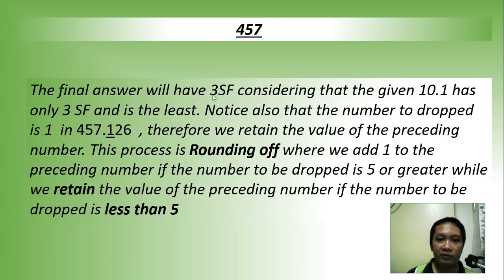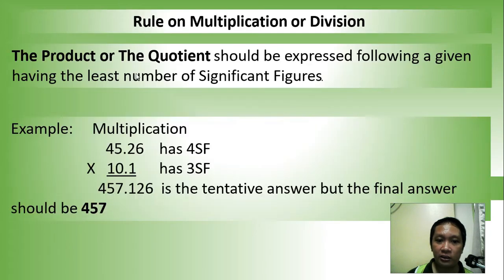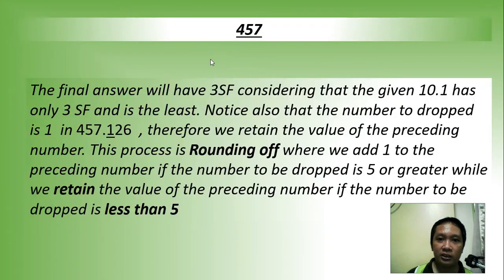The final answer will have 3 significant figures, considering that the given 10.1 has only 3 significant figures. If you will recall once again, the given 10.1 has 3 significant figures. Okay, that's the reason why. Notice also that the number to be dropped is 1 in this case.